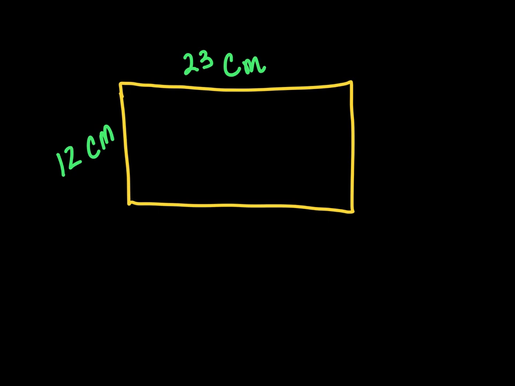Here's another example, 12 centimeters and 23 centimeters. We need to find the perimeter. Sometimes with those 3 previous formulas, we would like to choose which one would work best for us. If we're struggling with bigger multiplication problems, we might want to do the one that we have to add. So let's try P is equal to length plus width plus length plus width, and then plug them in.